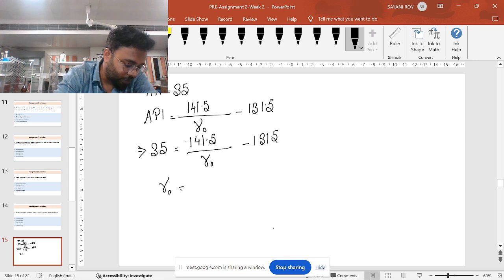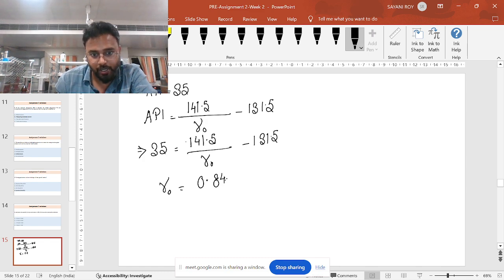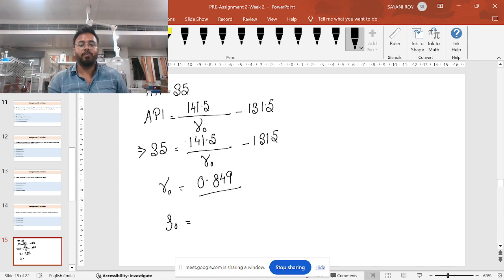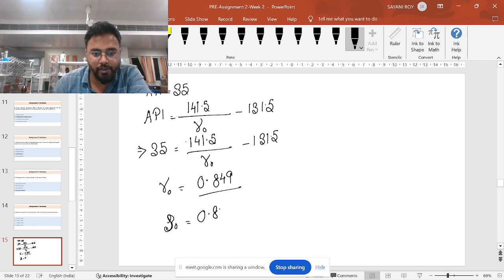The answer should be 0.849. This is the specific gravity of the oil. Next, we have to find the density of the oil. Finding the density of the oil when specific gravity is given is very simple. Let me write down the formula first.